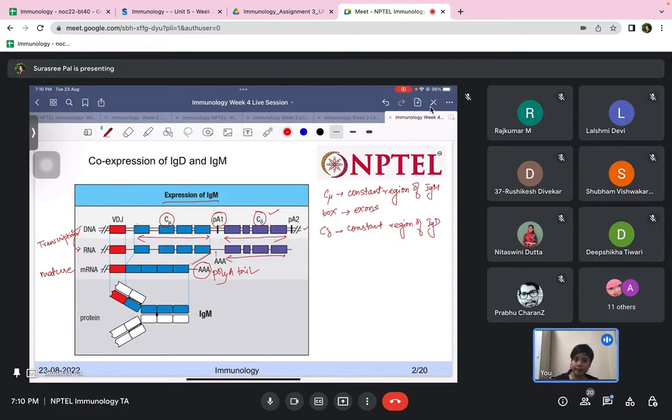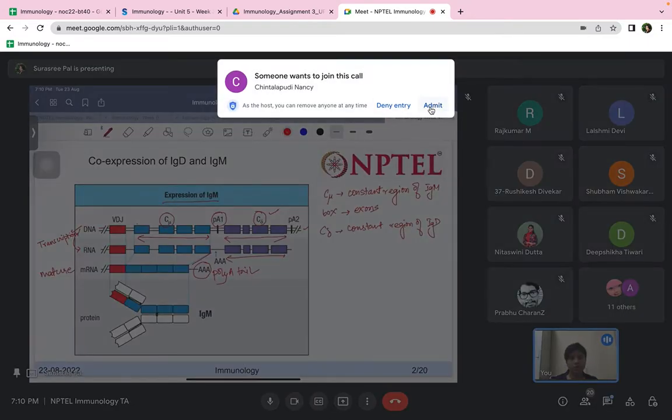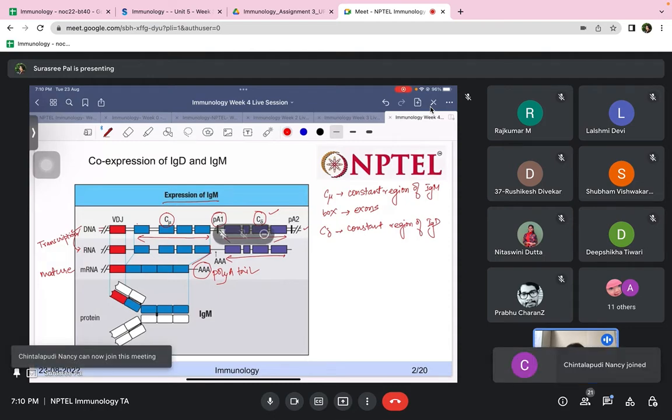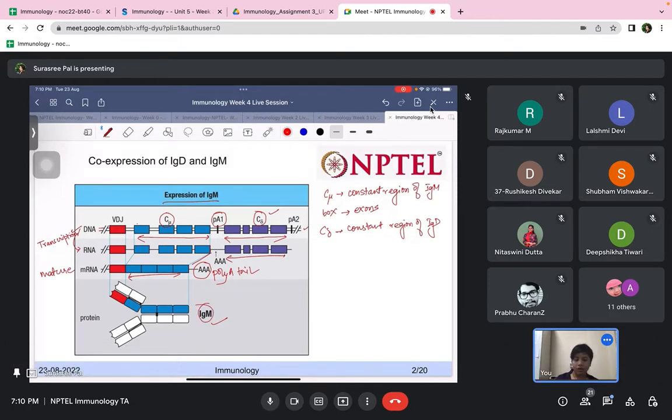The C delta sequences are spliced out because it has to be IgM. For expression of IgM, these C delta sequences are spliced out, and these blue regions code for the constant region of IgM. And this VDJ recombination that I was talking about in the previous session will take place much earlier, and the expression of the constant region will take place further on.